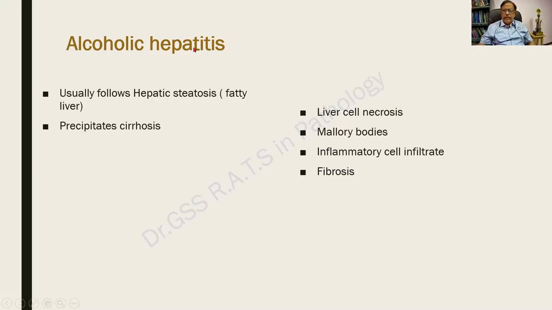And when I say alcoholic hepatitis, these are the components that we should have in mind. One is the necrosis of the liver cells, Mallory bodies, inflammatory infiltrate, fibrosis. I repeat again, liver cell necrosis, Mallory bodies, inflammatory cell infiltrate, and fibrosis. We shall try to describe these.